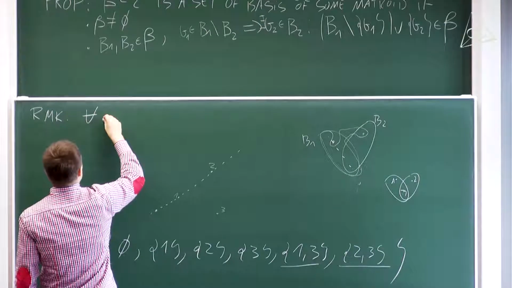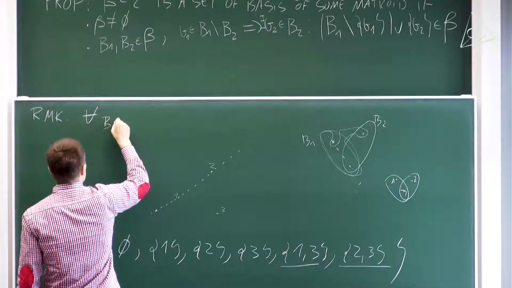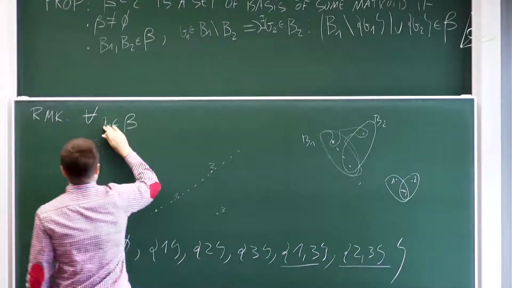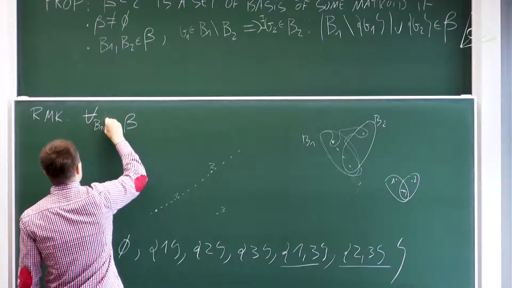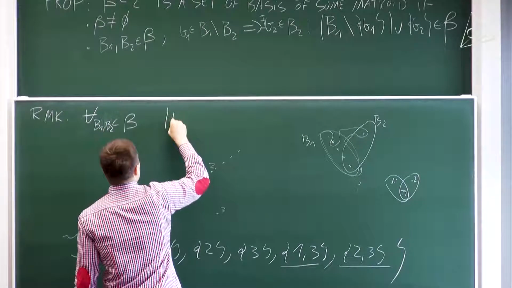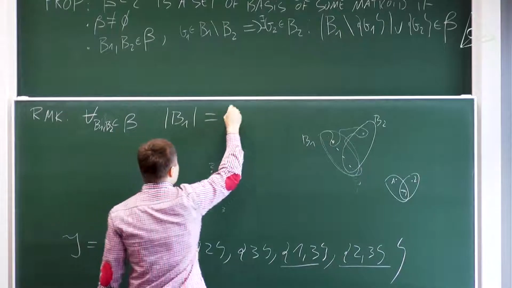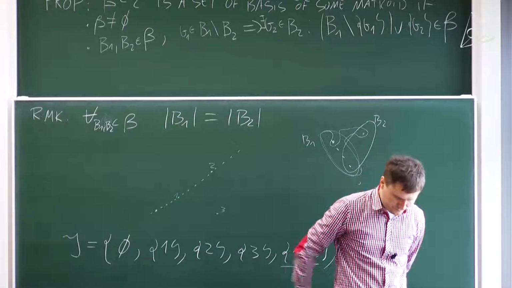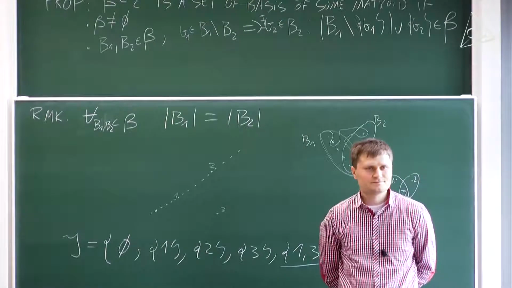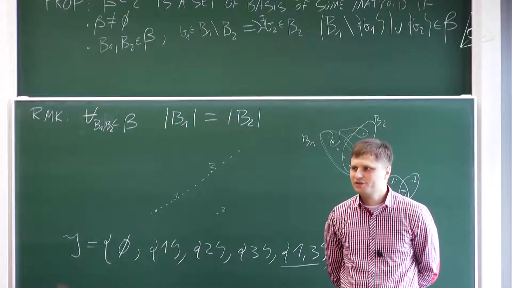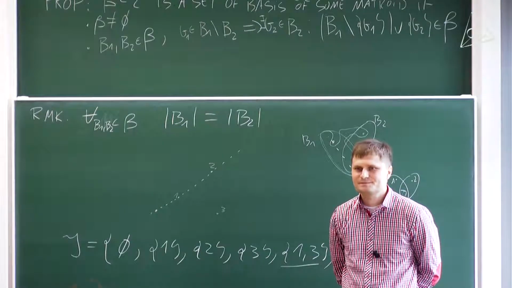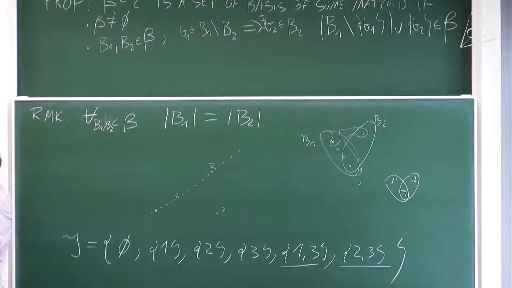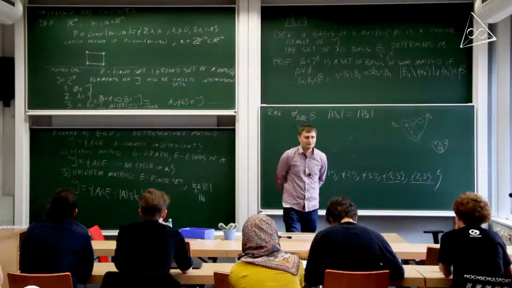Okay? And a remark that is also easy to prove: let's take any 2 bases, they have the same cardinality. Okay, who can prove it already? That the bases have the same cardinality? So think about this axiom.